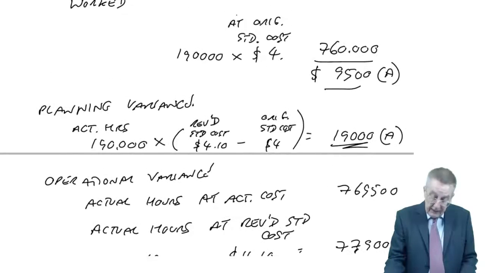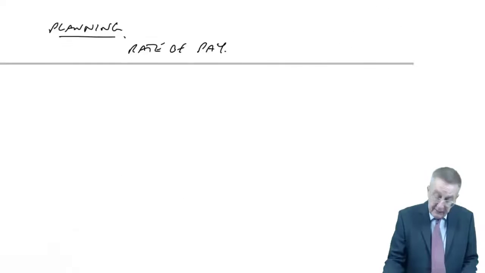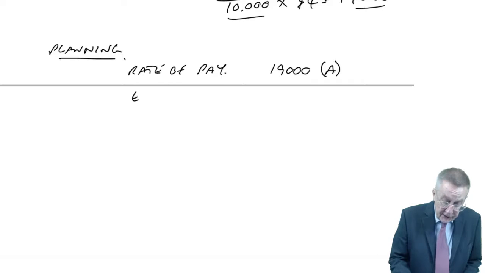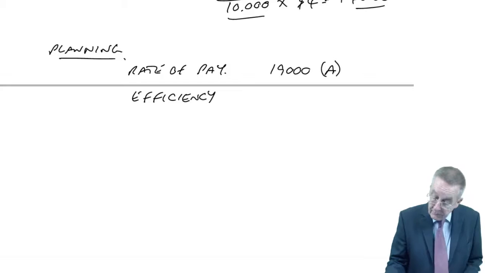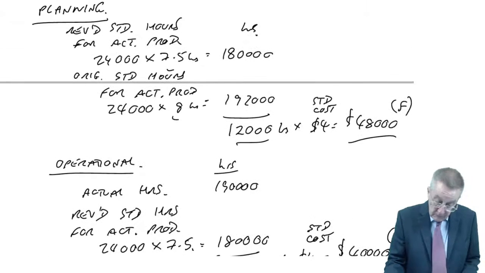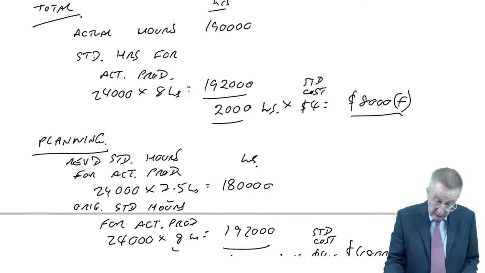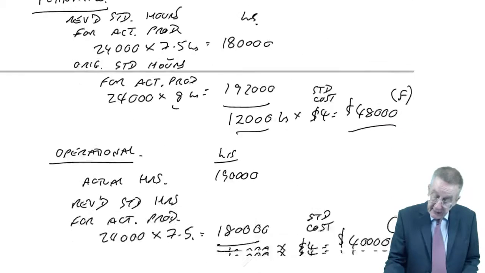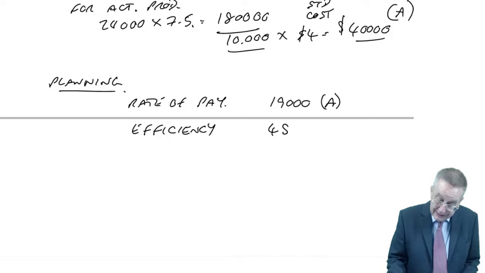Rate of pay planning variance was 19,000 adverse. The efficiency planning variance is 48,000 favourable.